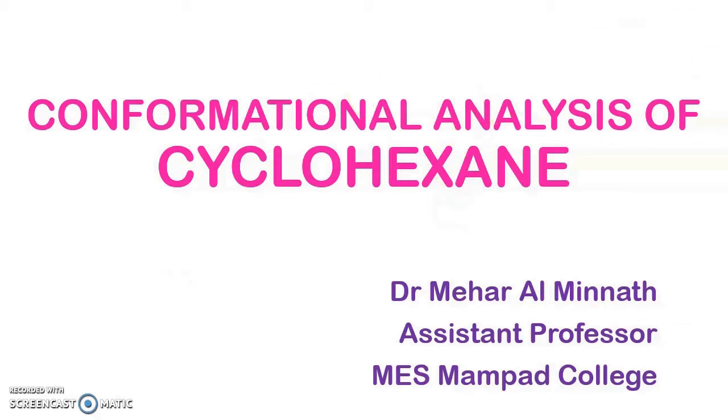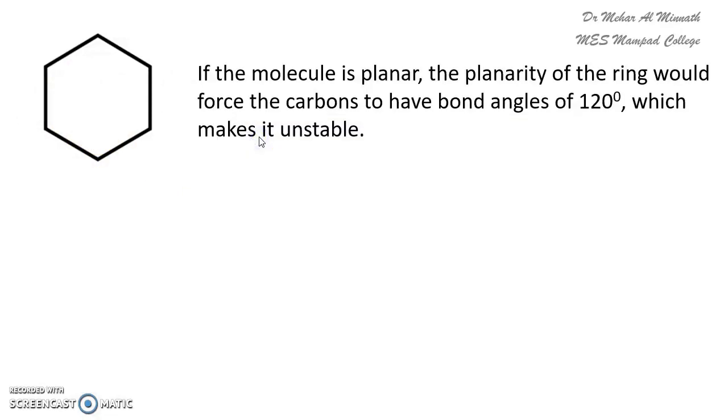Now, usually when we write cyclohexane, we write it in the planar form, like a hexagon. When we write the structure of cyclohexane like this, the bond angle will be 120 degrees for this planar structure.